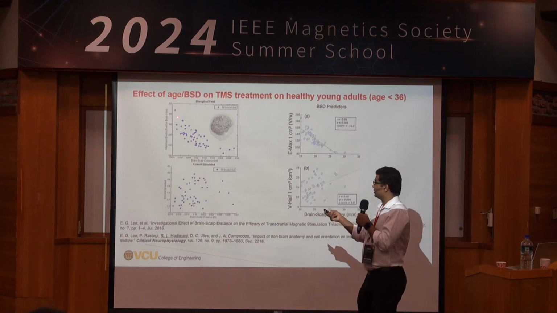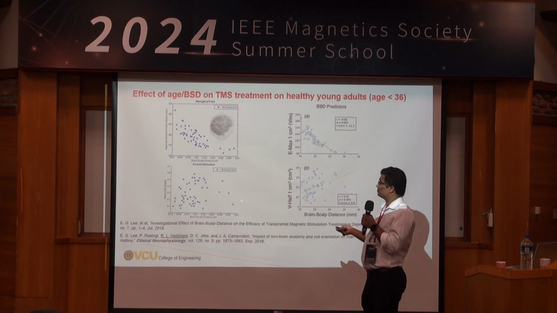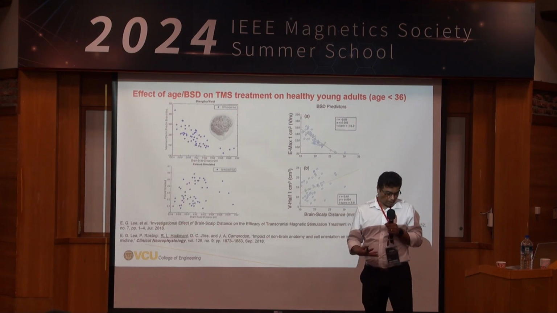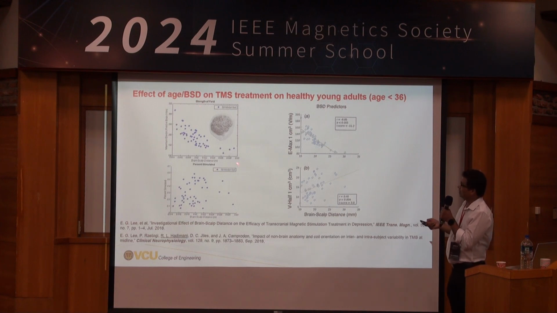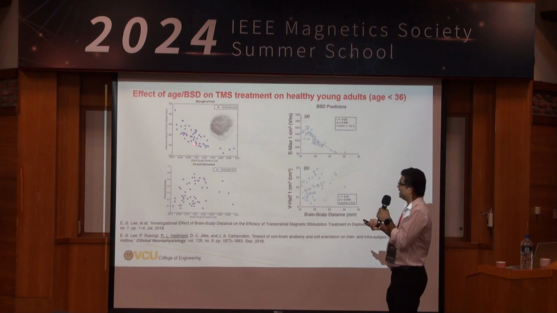So here we used a public database. Basically, we took MRI images that were published and built head models. So these are of 50 healthy adults, below the age of 36, above the age of 18.